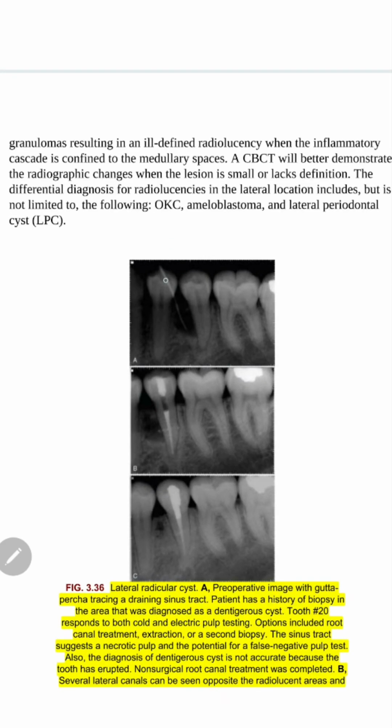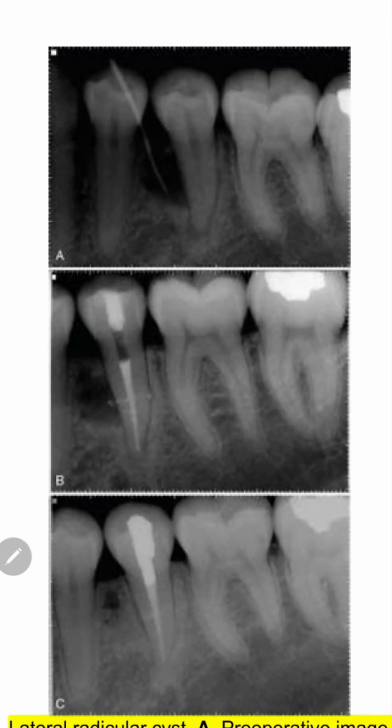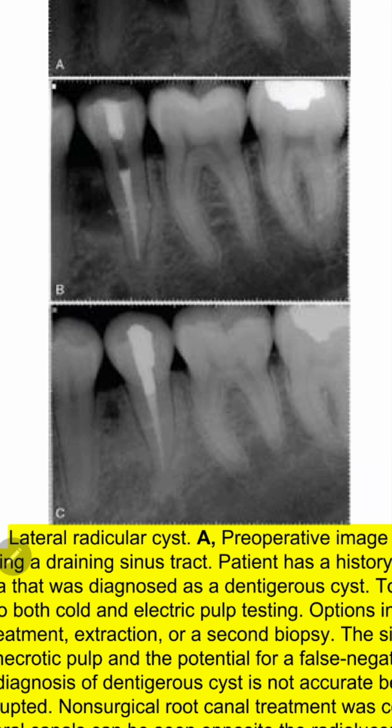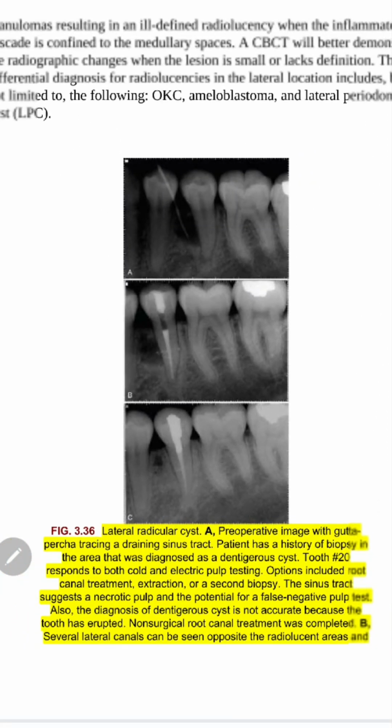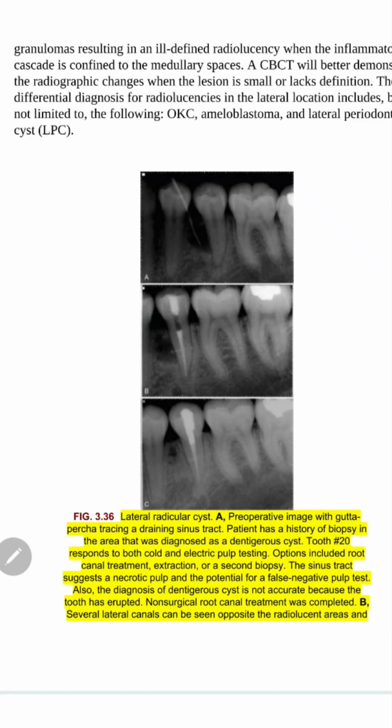A gutta-percha cone was inserted inside the sinus tract to see the source of infection, and it was pointing to the second premolar. After the root canal was done, we can see that there were lateral canals, and after 6 months of follow-up, we had a complete healing.